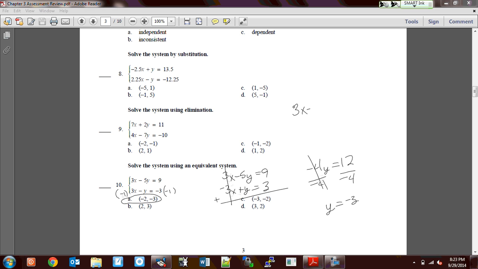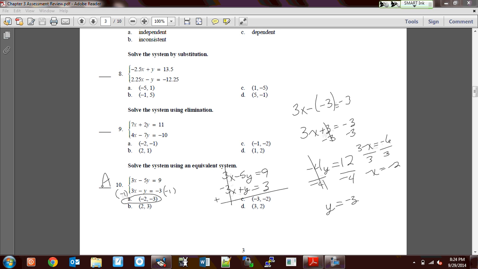So 3x minus negative 3, minus 3, whoops, equals negative 3. So that's 3x plus 3 equals negative 3, minus 3, minus 3, 3x equals negative 6, divide by 3, so x equals negative 2. Does it check out? Yes, it does.